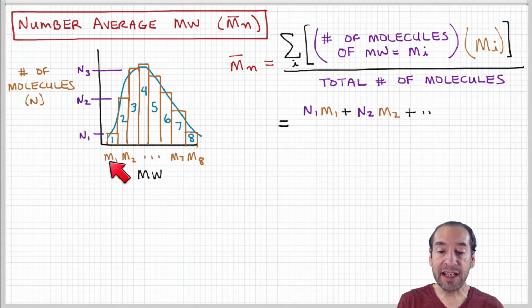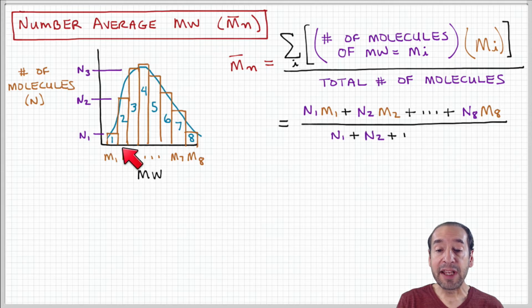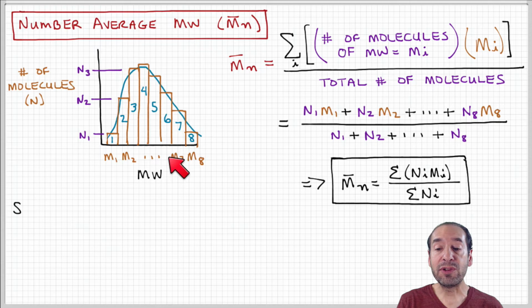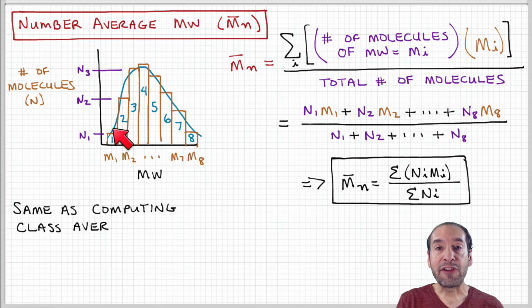On the x-axis, I have eight different molecular weight ranges, which I'm going to call M1, M2, up to M8. And the number of molecules that have that molecular weight represents the height of each bar, which I'm going to call N1, N2, N3, and so forth.